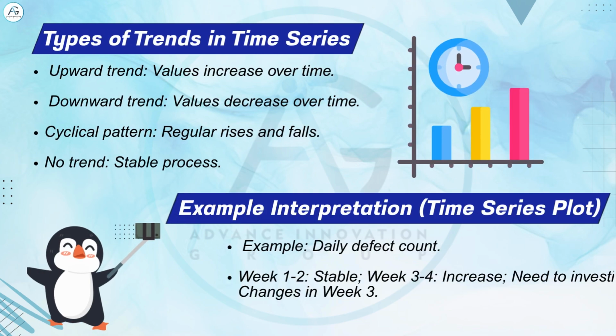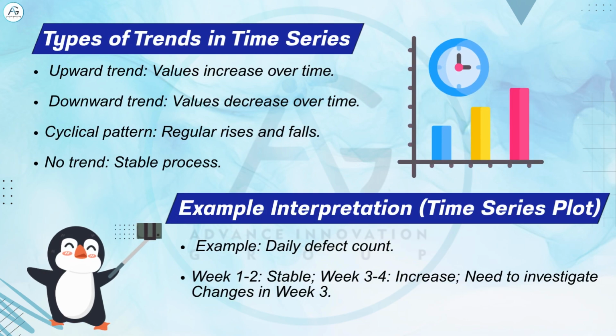Now let's go over the different types of trends we might see in a time series plot and how to interpret them. Types of trends. An upward trend means the measured values are increasing over time. This could indicate a problem growing worse, like rising defects or wait times. A downward trend shows improvement, where values are consistently decreasing, such as shorter cycle times or fewer errors.